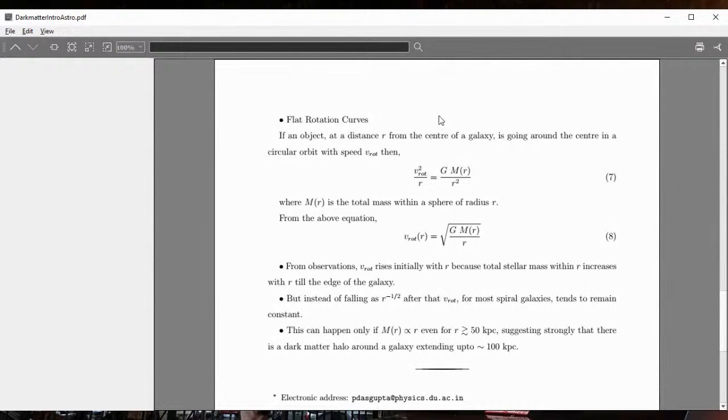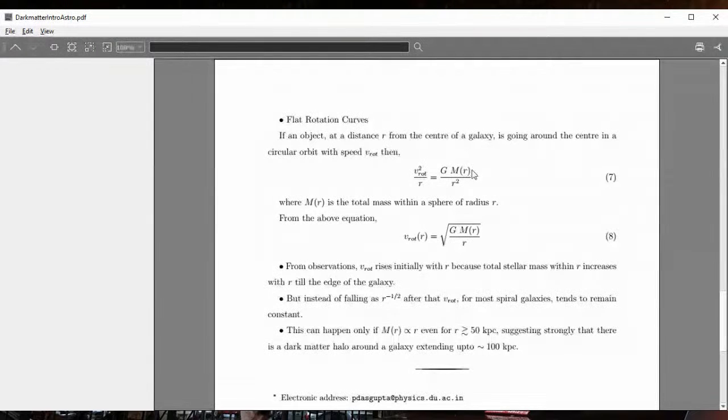How did she infer? After all, if a neutral hydrogen gas cloud is going around the center of a galaxy in a circular orbit, then the centripetal acceleration, which is the square of the rotational speed divided by r, must be given by the gravitational field, which is G M(r) by r squared, where M(r) is the mass enclosed within a radial distance r.